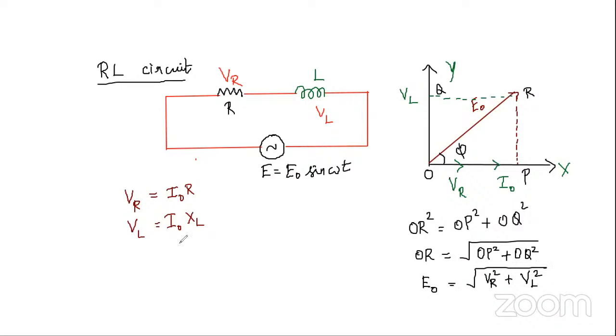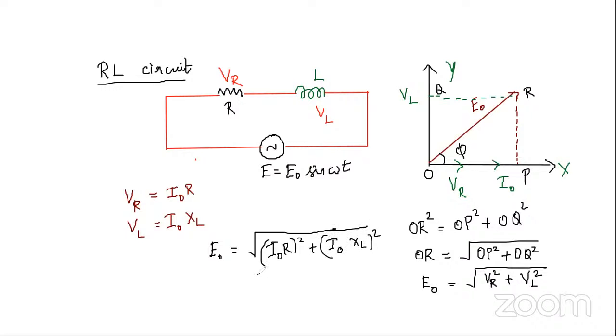So from this, I am continuing here. E naught is equal to root of VR squared plus VL squared. VR can be written as I naught into R, and VL means I naught into XL.